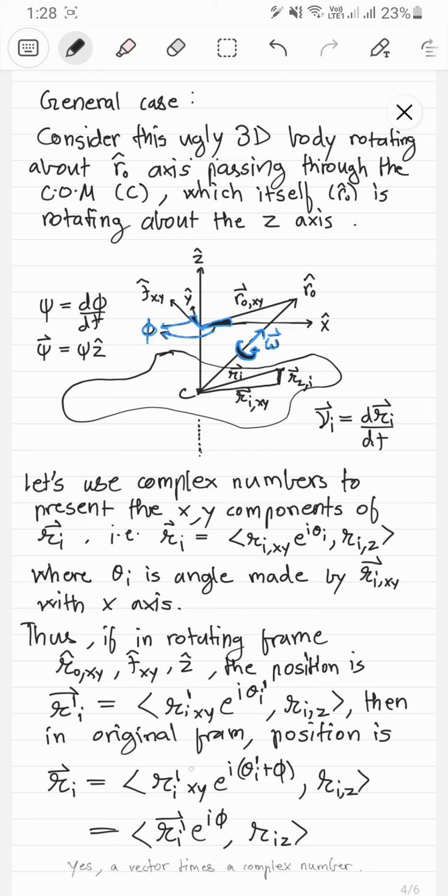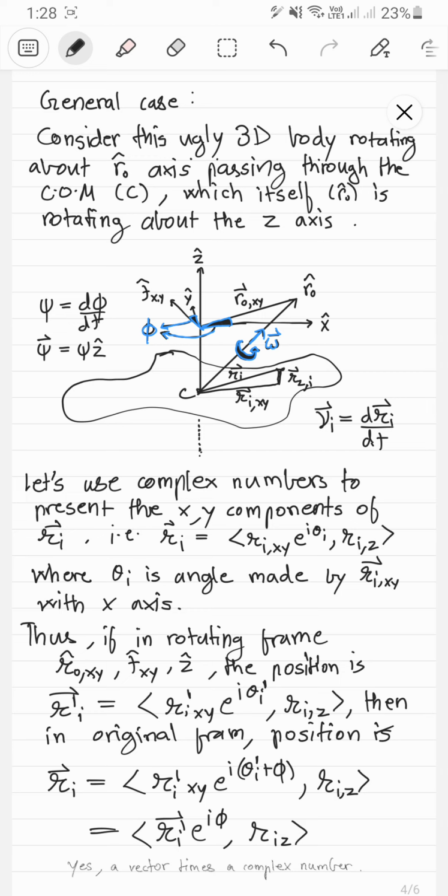Okay, then in the original frame, so I missed an e, but whatever. In the original frame, the position vector Ri is equal to this whole complex number, which we will just rotate by e power i phi, because whatever the position in the xy plane as seen in the rotating frame, the rotating frame itself has been rotated by phi from its initial configuration.